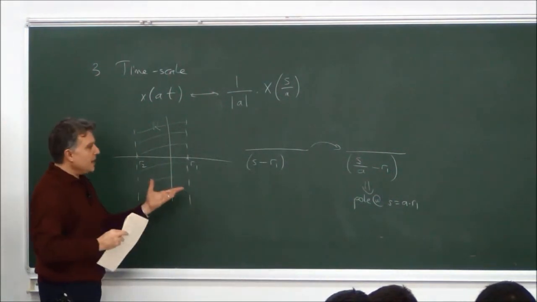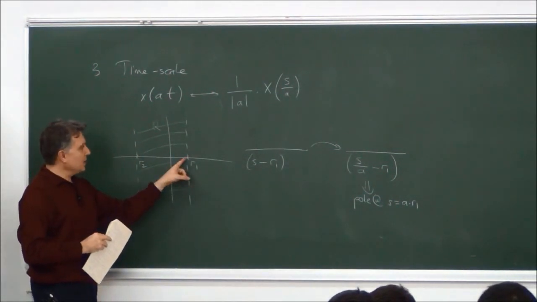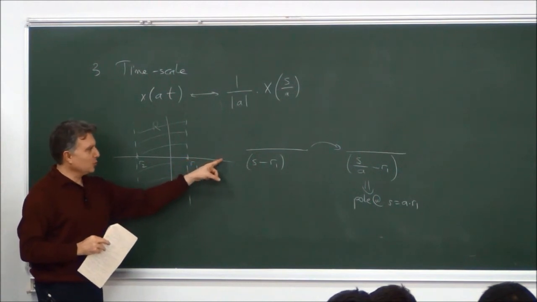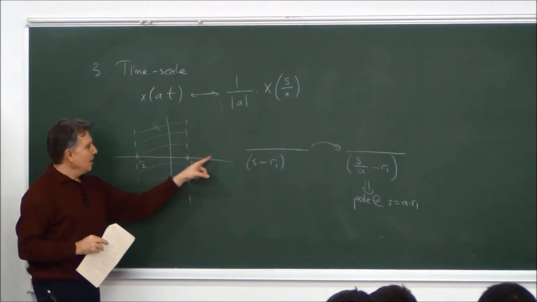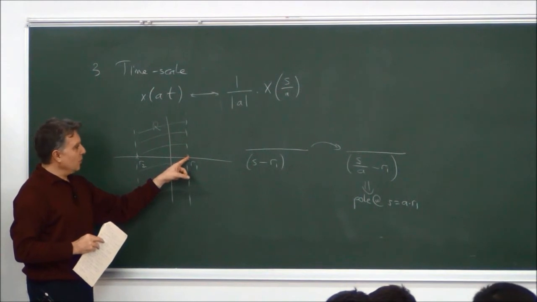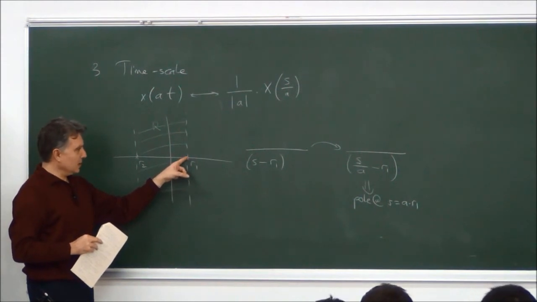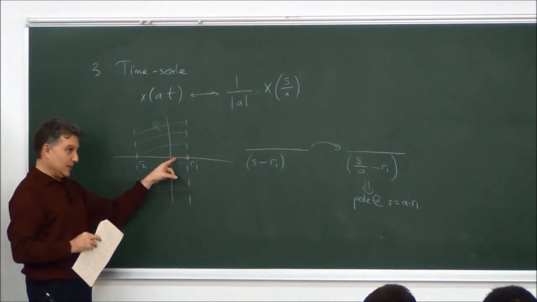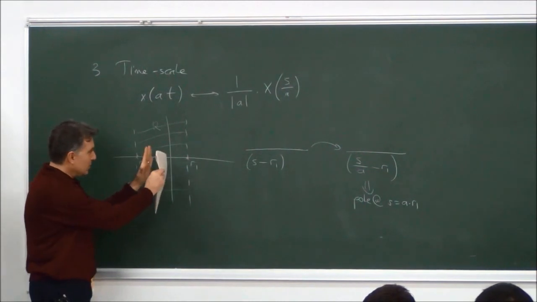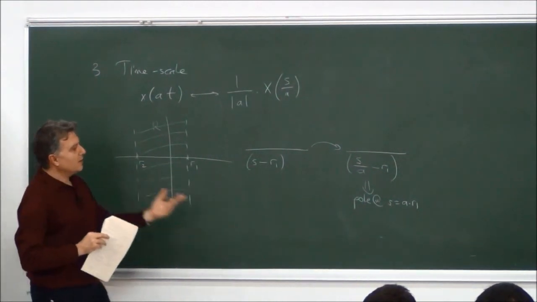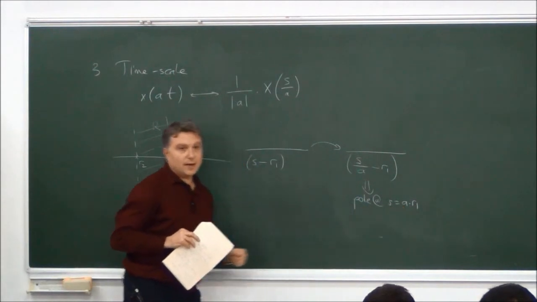So if A is greater than 1, for example, this pole will go to there. If A is less than 1, this pole will move to the inside. It will be smaller or greater depending on the magnitude of A that we have.